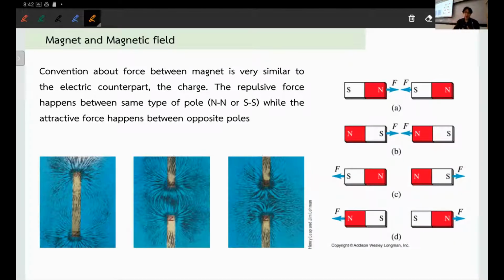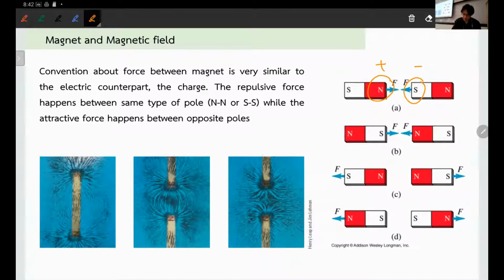So we can still use the same agreement or convention: if you bring bar magnets with different polarity, the North Pole next to the South Pole, they're going to receive the attractive force. This is the same agreement as with positive and negative charge. So we still use the same convention.